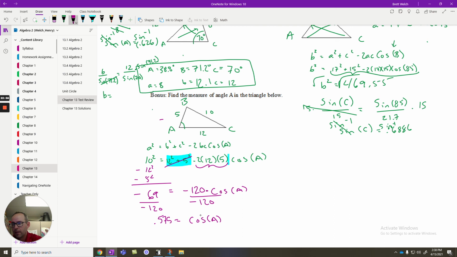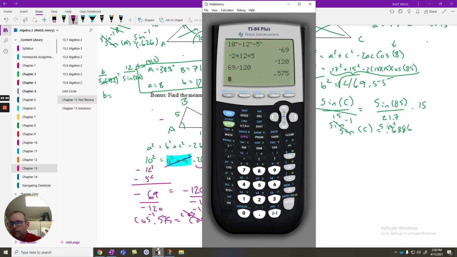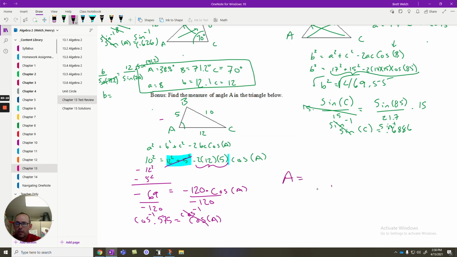And to solve it, I need to take a cosine inverse. So I'm going to take the cosine inverse of that 0.575. I get 54.9 degrees. So capital A is 54.9 degrees.